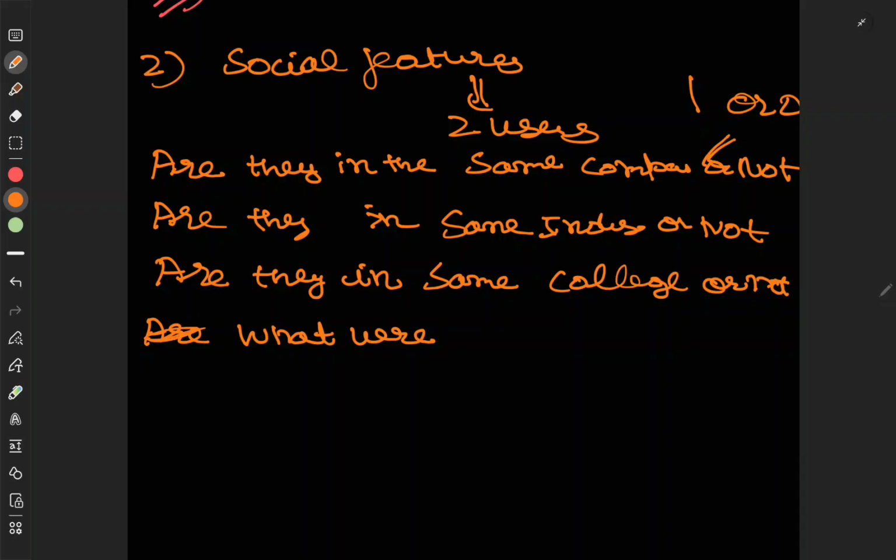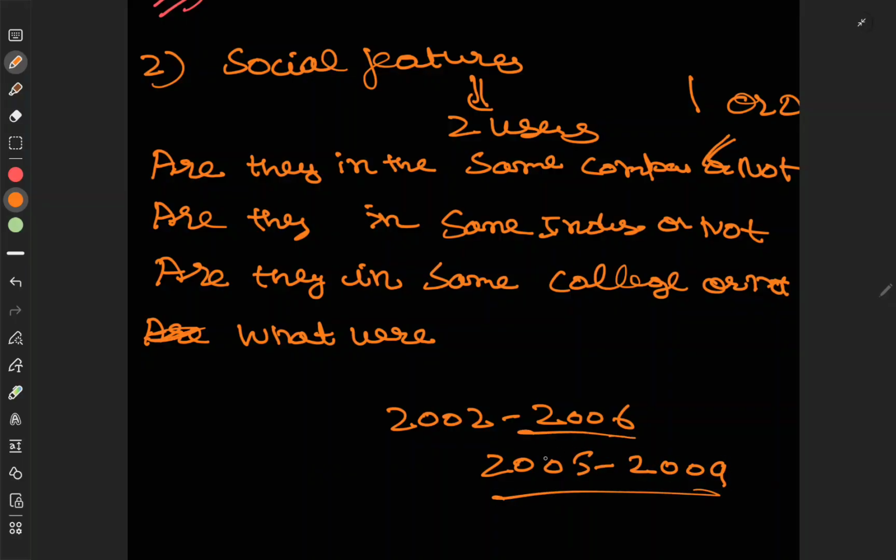For example, with a college senior, it is possible that he was from the batch 2002 to 2006, and you were from the batch 2005 to 2009. So there is one overlapping year, right? And if there are overlapping years, then it certainly means that he is either a senior or junior to you, and there are more chances that you connect with that individual.